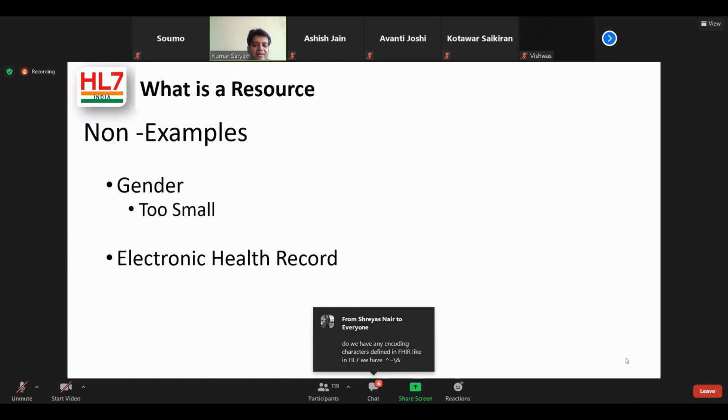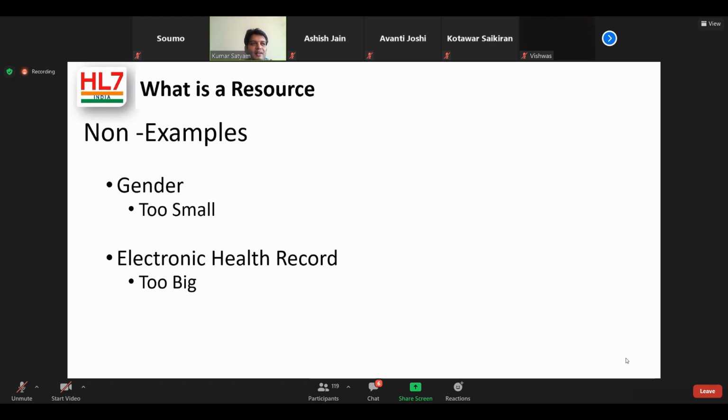So electronic health record becomes a little bit too big, because it consists of a lot of things which can in themselves be resources, right? Examples would be patient demographics, encounter, observations, discharge summary. All those things can be clubbed into electronic health records. So electronic health record also does not qualify as a resource.